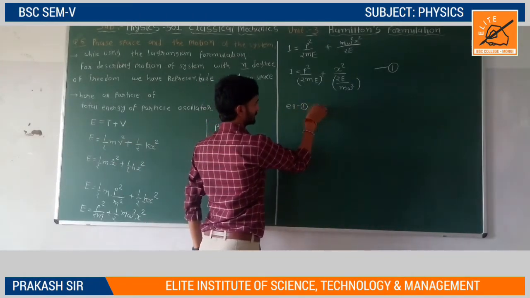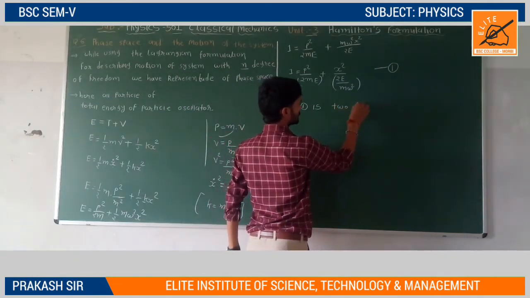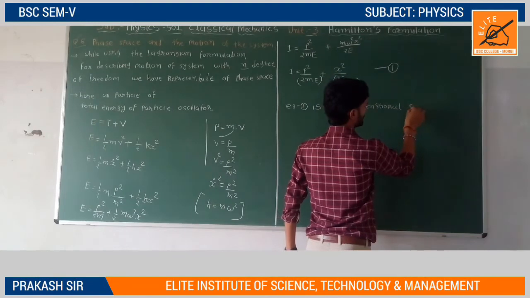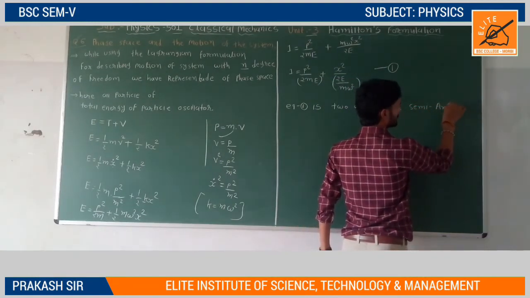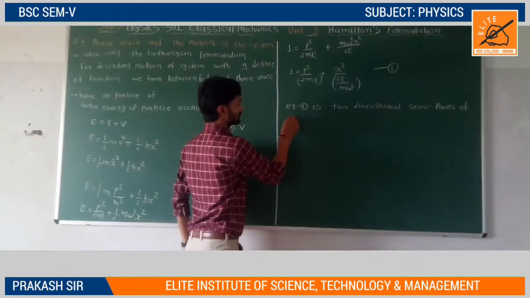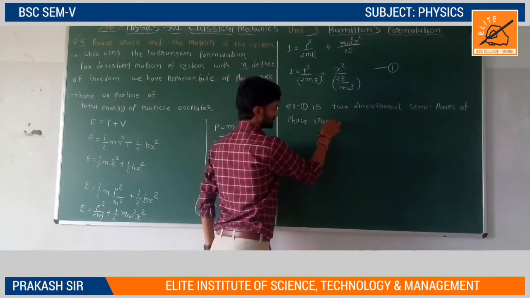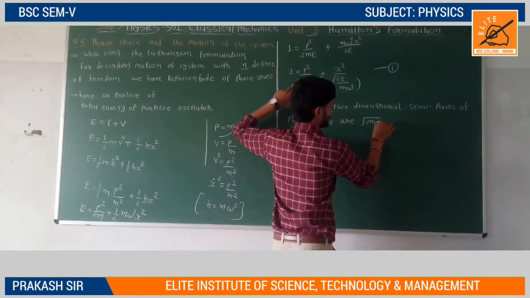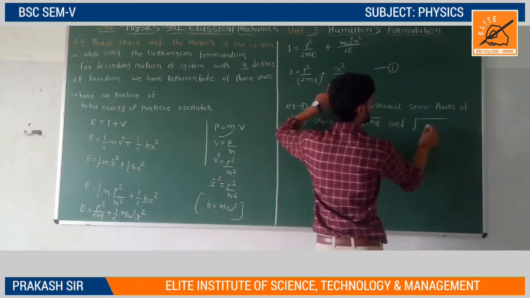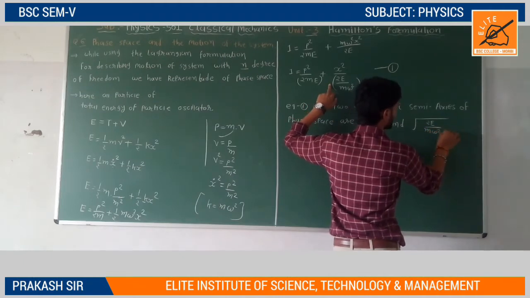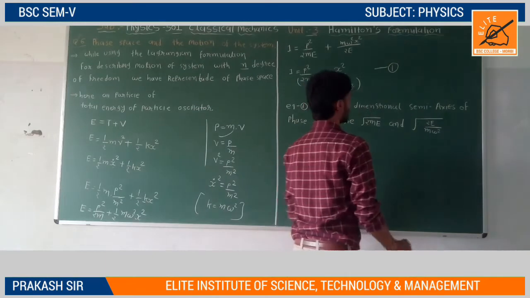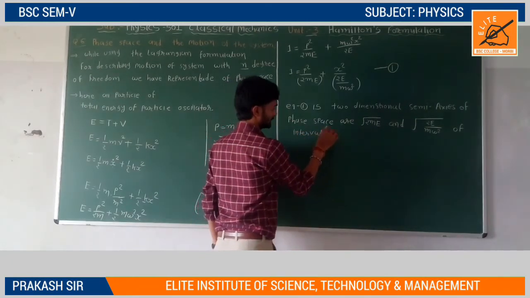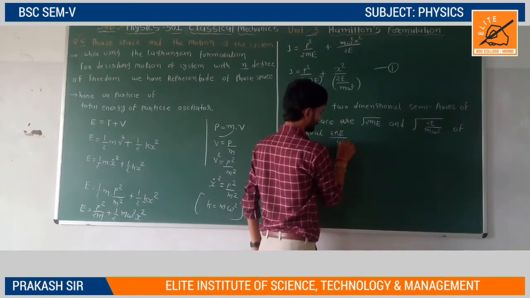Equation 1 is a two-dimensional ellipse. The semi-axes of the phase space are root 2mE and root 2E upon m omega square, over the interval 2 pi E upon omega.